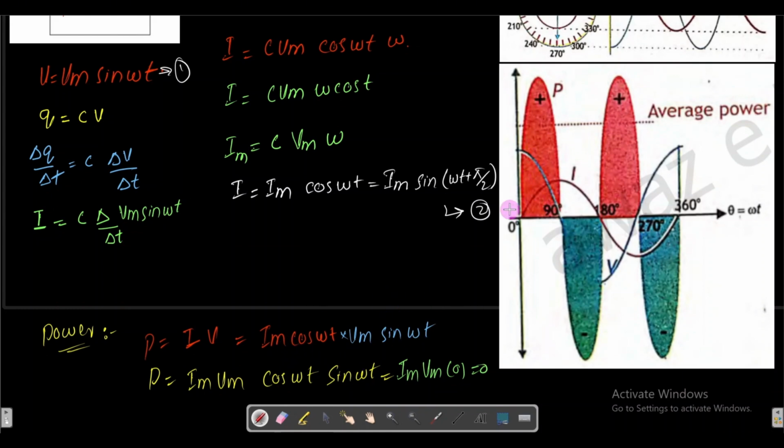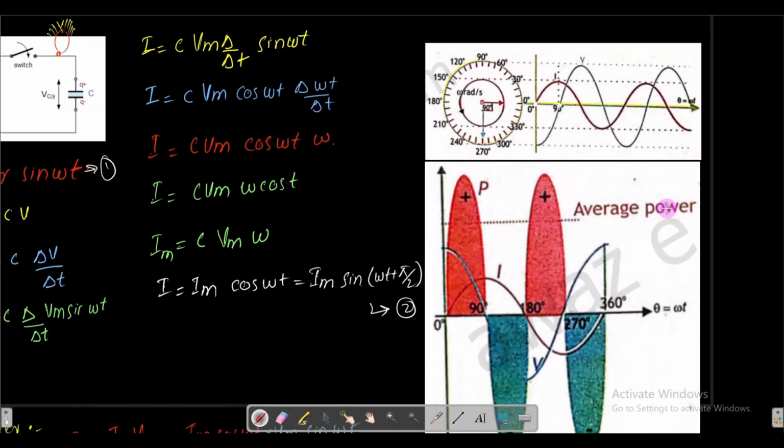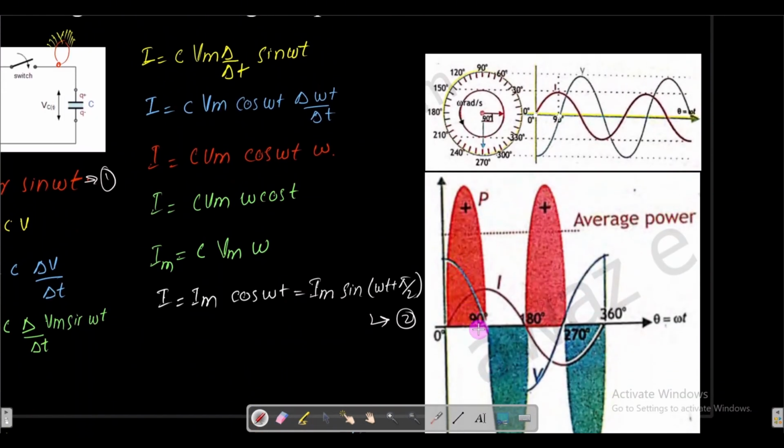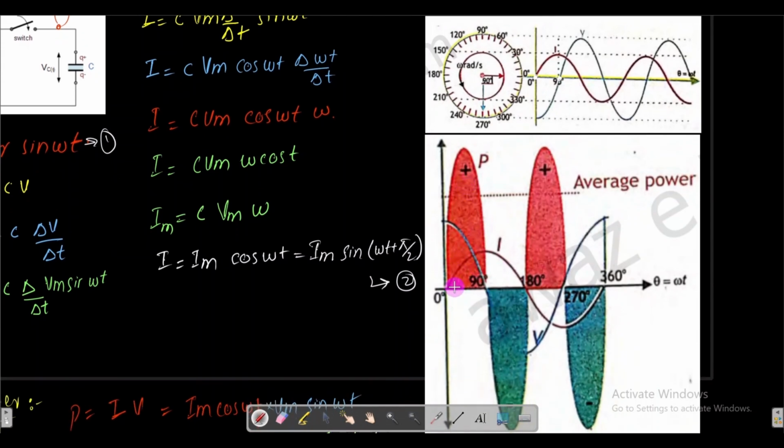Why is it 0? This is the graphical explanation for that. Here this is the current, which is leading the voltage. In this quadrant the value of the current is positive, and similarly the value of the voltage is positive.